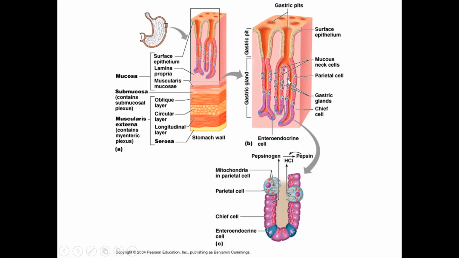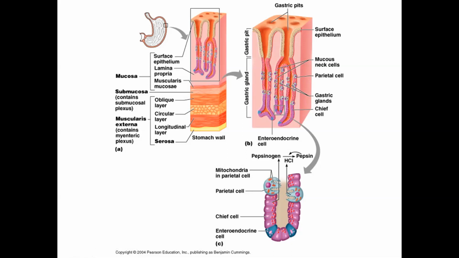They're big, kind of embedded in these neck cells. Another one is called chief cells. Okay, they're more toward the bottom of these gastric pits. Okay, so here is a more enlarged picture of this part of the structure. So here are the parietal cells. Here are the chief cells.